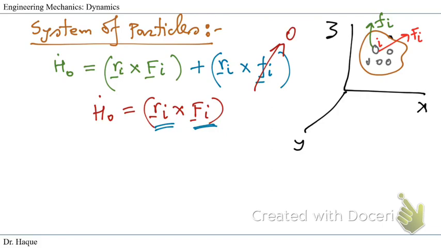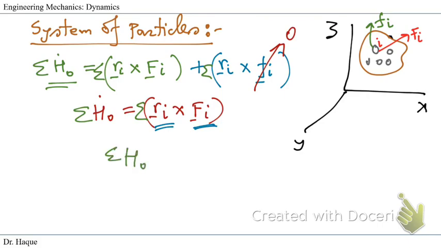When we're talking about a system of particles, we have to put a summation, because it's the summation over all particles. So the summation of all the angular momentum is actually the summation over all particles of R cross product F. Now this is the moment of each of the particles because it's force multiplied by position.